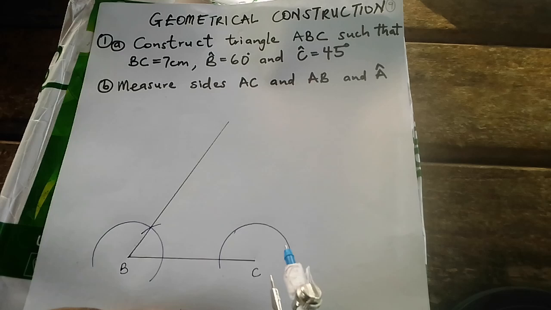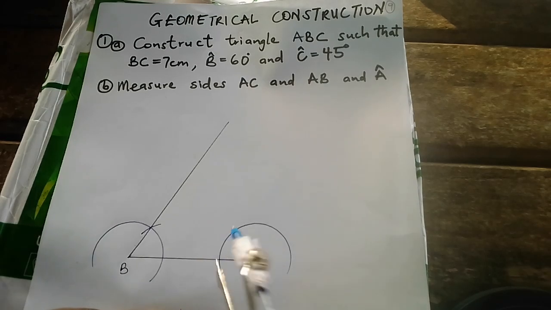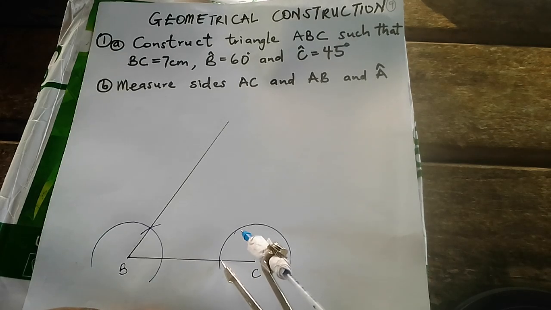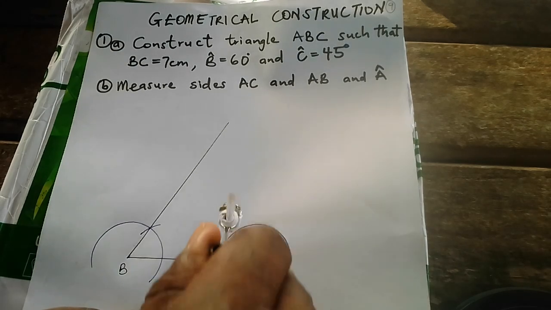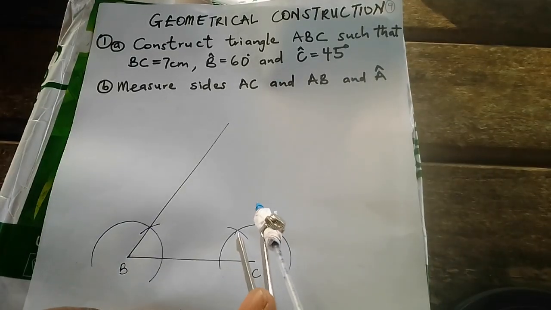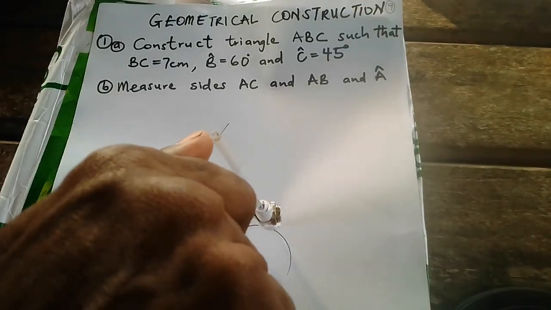For me to draw angle 45, I must first of all draw angle 90 degrees. So I will place the pin of my compass at the point of intersection here to strike an arc. I'll place it at this point to strike another arc.